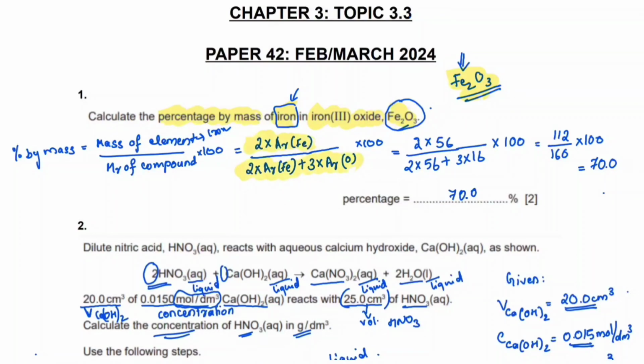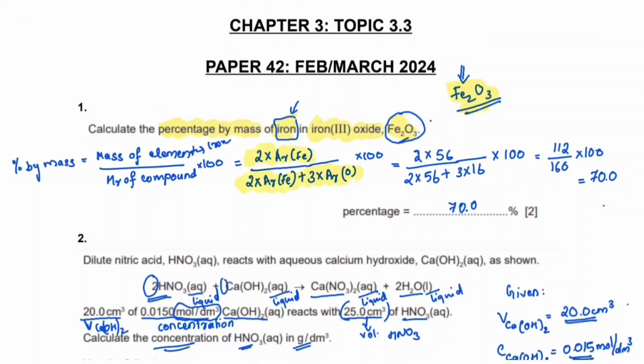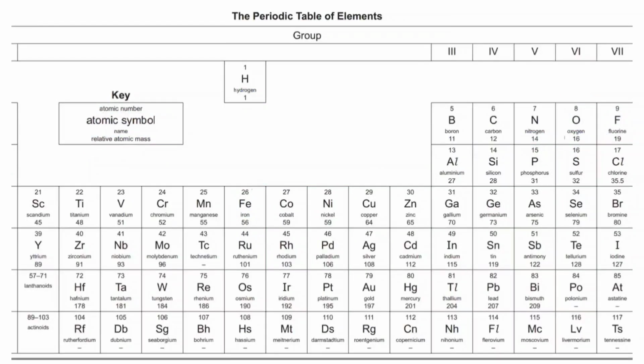We are multiplying AR of iron with 2 because there are two atoms of iron, and oxygen is multiplied by 3 because there are 3 atoms of oxygen in the given compound. So if you try to find out the AR, we'll have to look at the periodic table.